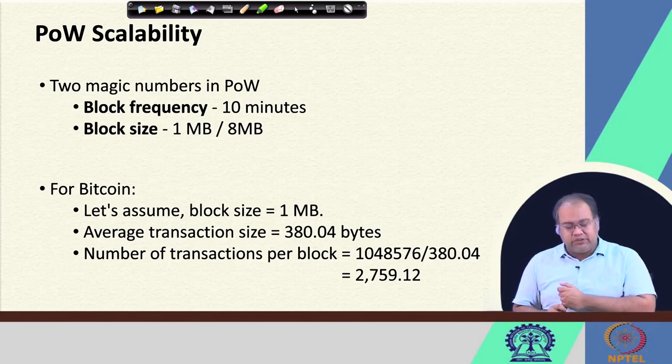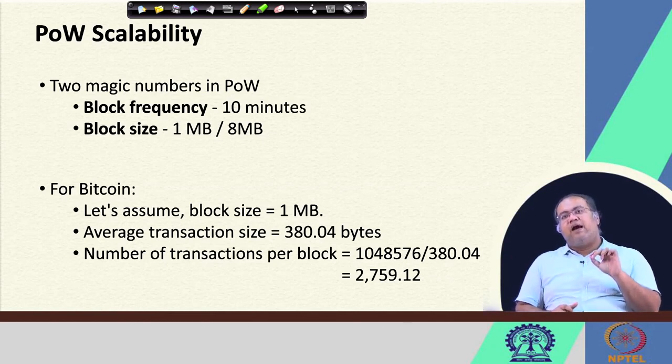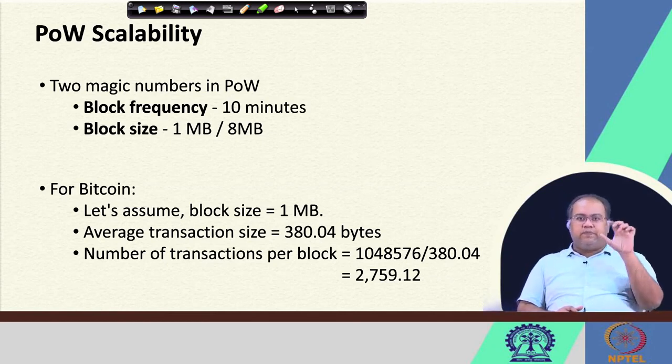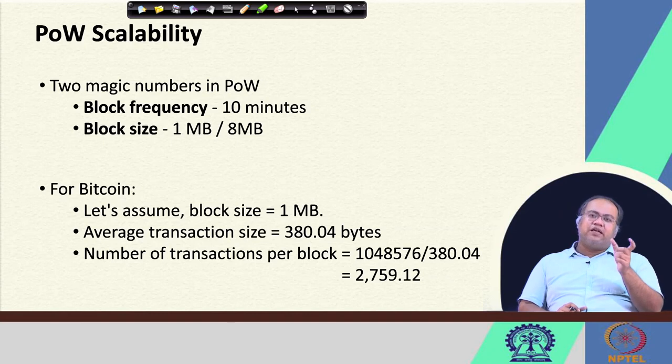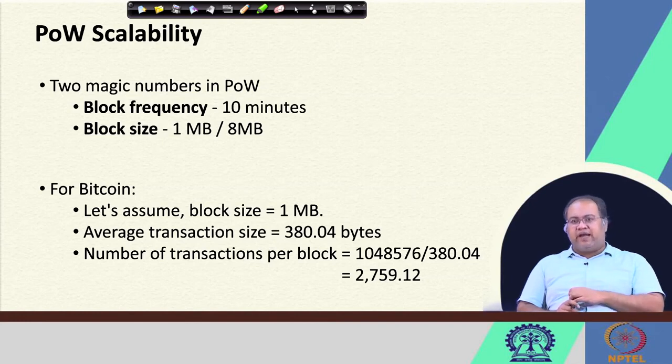So, if your block size is 1 MB and the average transaction size typically includes that Bitcoin script. So, the transactions that you have seen in the Bitcoin block explorer, those transactions where I am sending certain Bitcoins to you, this kind of transaction has a typical size of 380.04 byte.